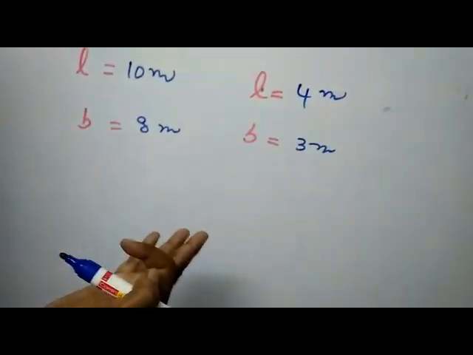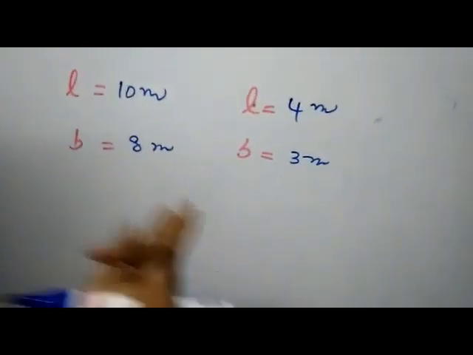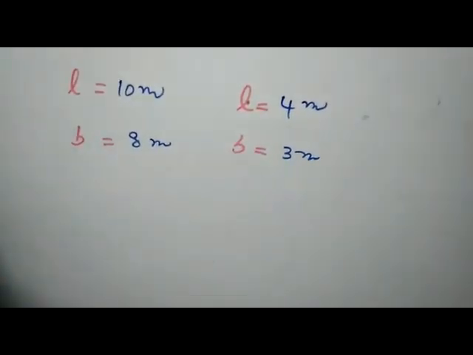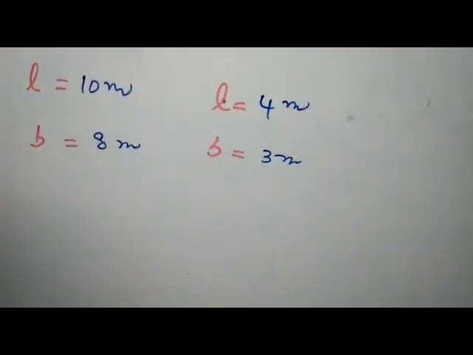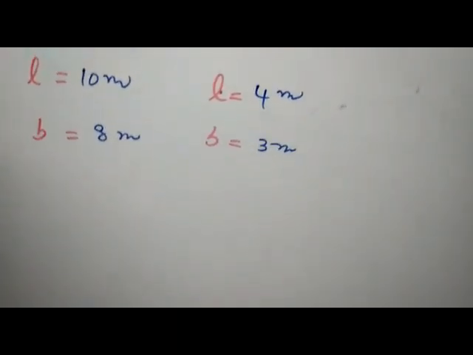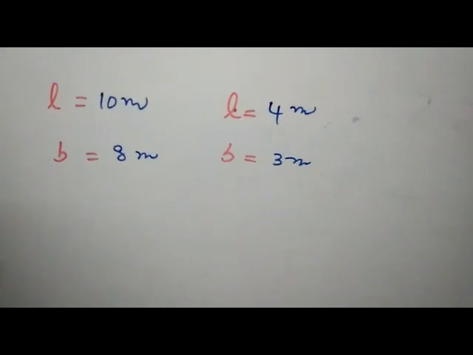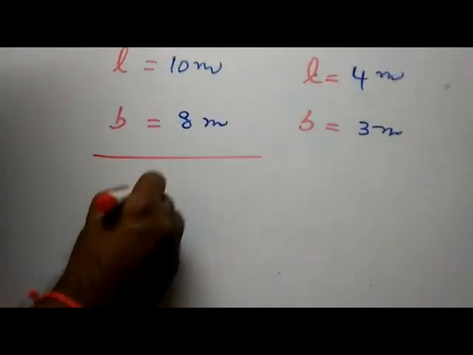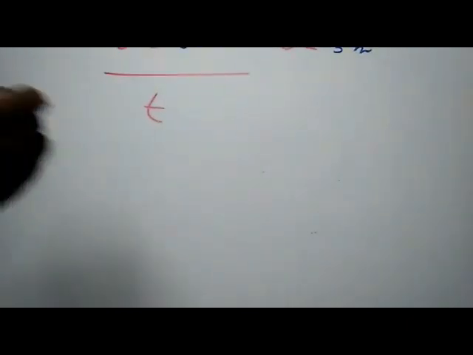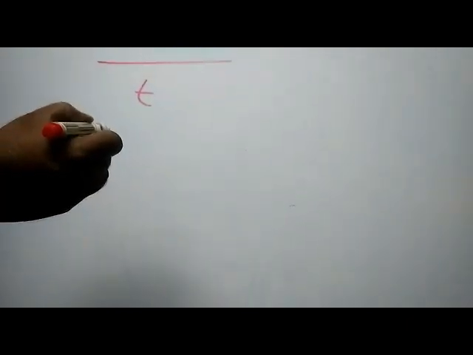If you check the perimeter of that rectangular shape, the perimeter will vary. The perimeter will change. Suppose you take variable T, this denotes temperature. Just observe the temperature from this morning to this afternoon.